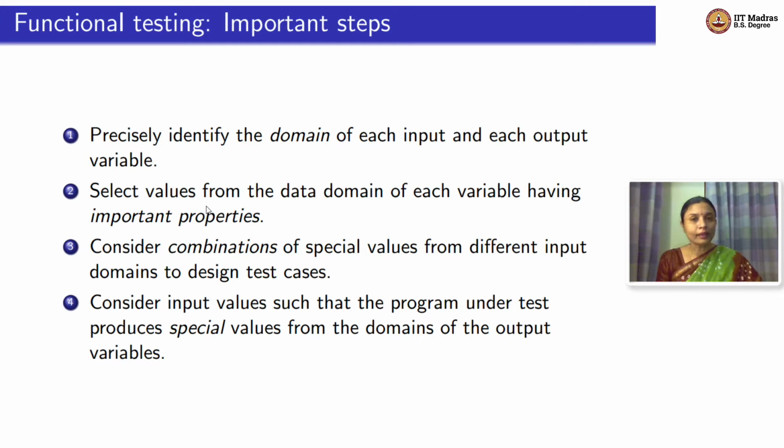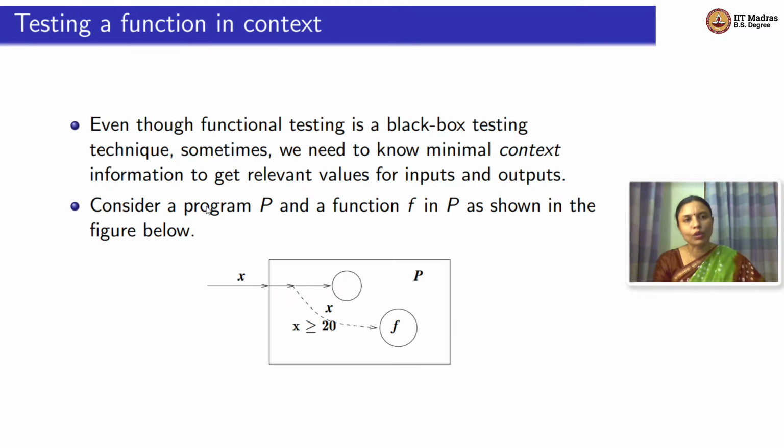So here I take gender and age, two input parameters, to produce different outputs in each case. So the combinations of inputs also matter for us to design test cases. We should consider input values such that we also include special values from the domains of the output variables. As we look at more examples, this will become clear to you all.